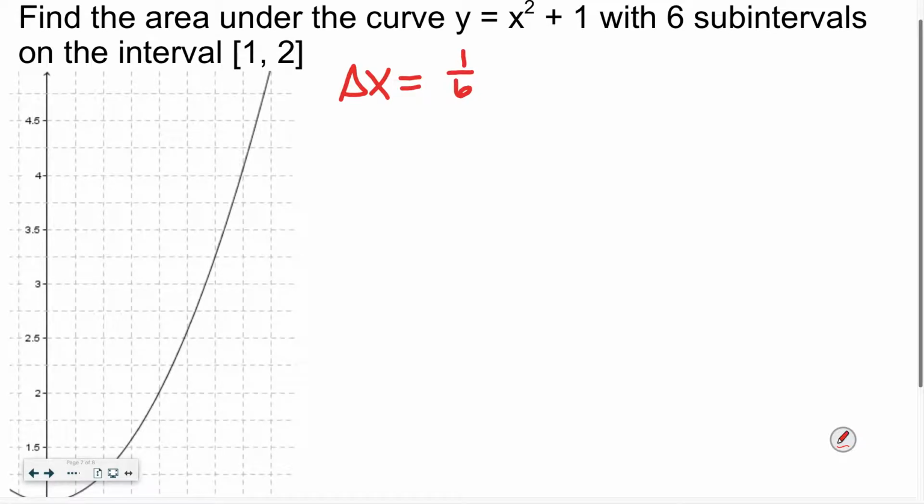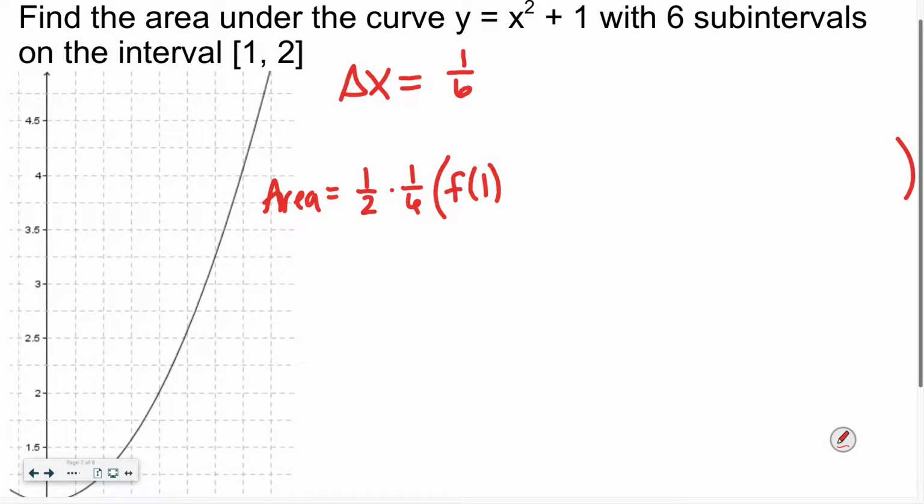Okay. So our area is going to be 1/2, because it's always 1/2, times the 1/6, that delta x, times, this is where we get the sum of all of our bases. So our first base would occur at the beginning of our interval. So its length would be f of 1, because we want the function value.